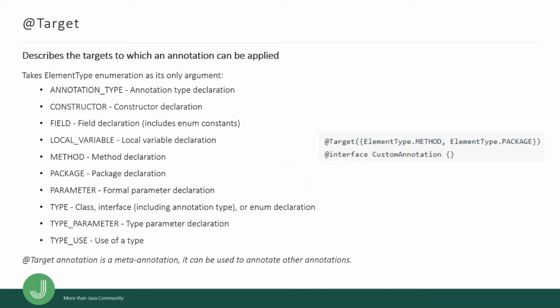For example, we're creating an annotation called custom annotation, and we're setting its target to a method and package. That means that this annotation can only be applied to a method or to a package. So if you want to make an annotation applicable for a field, you correspondingly make its element type FIELD. Same for class, you set it to TYPE, and etc.